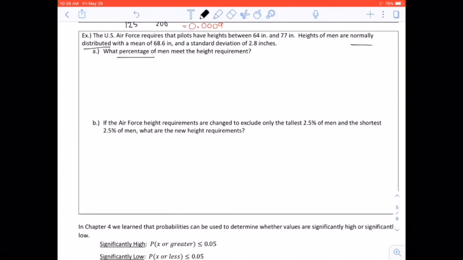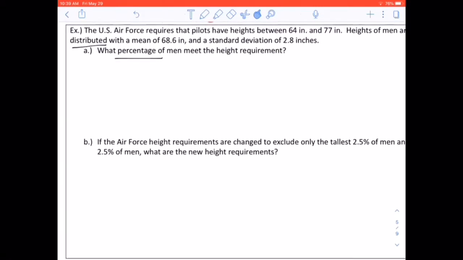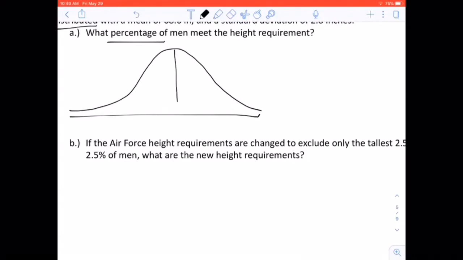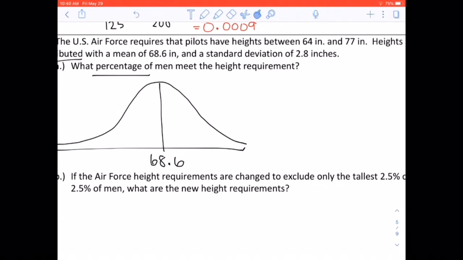So again, let's go ahead and draw our normal curve, since it does say it's a normal distribution. And it tells us that the average height for men is going to be 68.6. So I'll put that in the middle. It says what percentage of men meet the height requirement? And the height requirement, it says up in the problem, is between 64 and 77 inches.